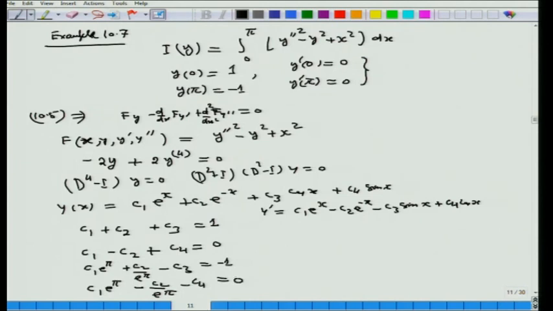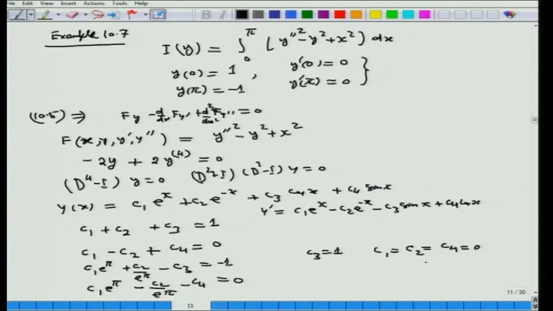Now, we can see that this system will have a unique solution, and we can see that c 3 equal to 1 and c 1, c 2, c 4 equal to 0. It satisfies these equations because c 3 is 1 here and all these others are 0.